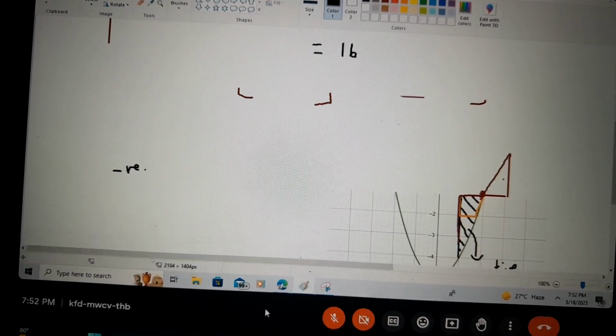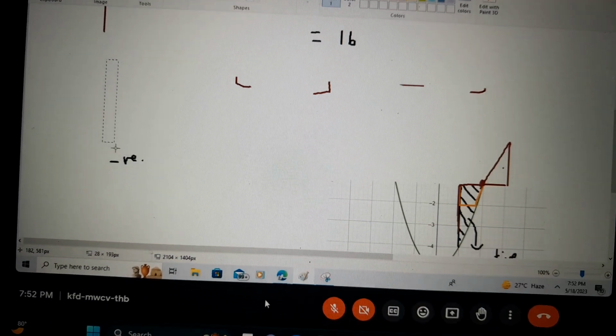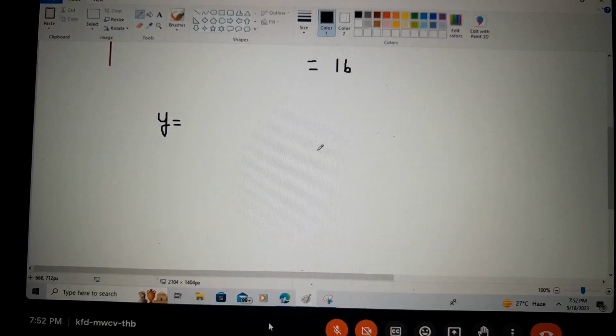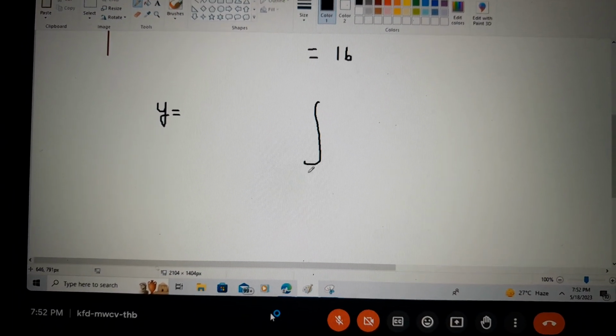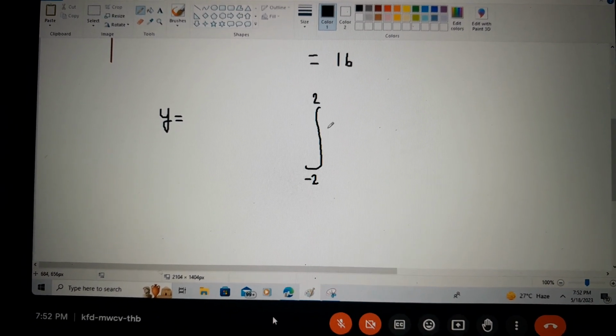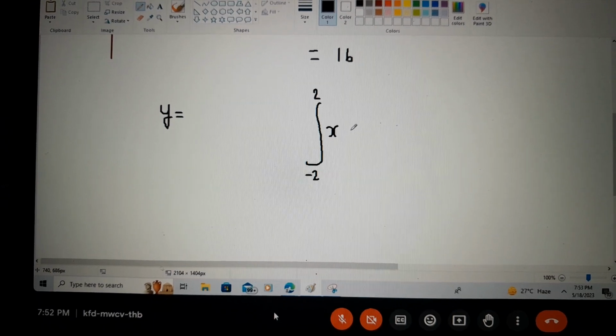So if we have the line y is equal to, let me do it here. The integral from negative 2 to 2 of x dx.